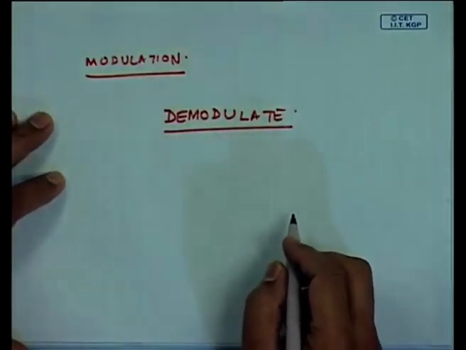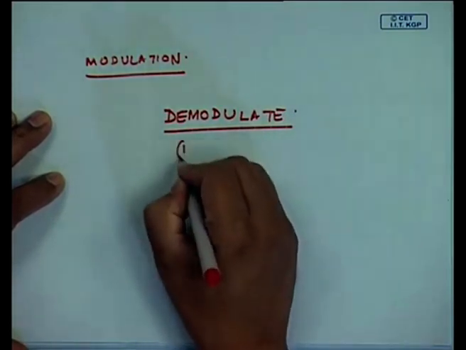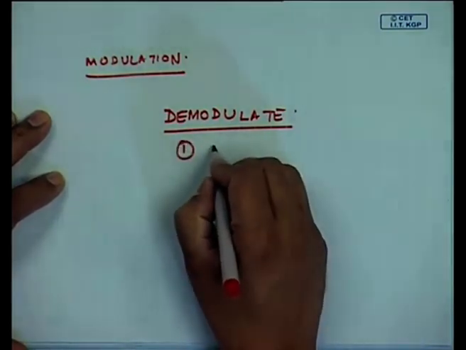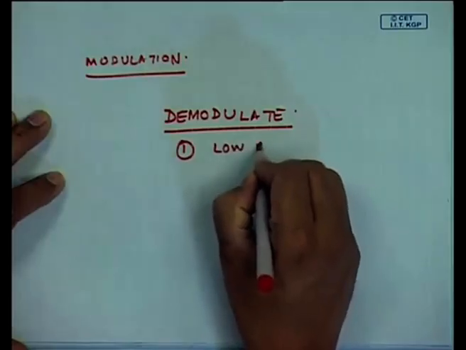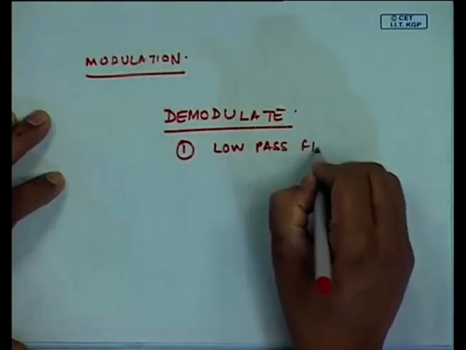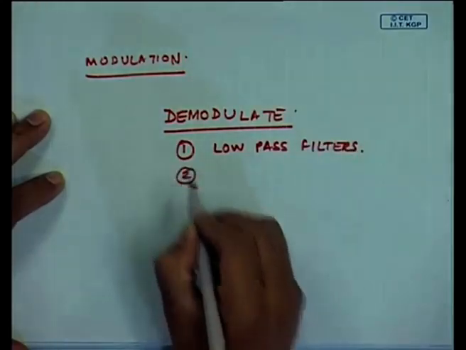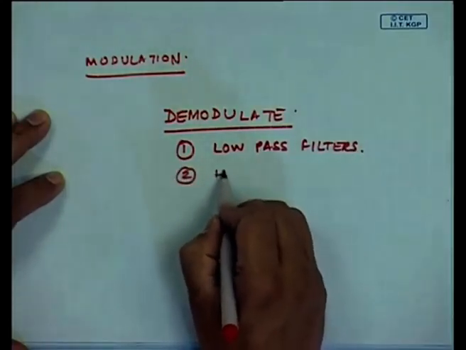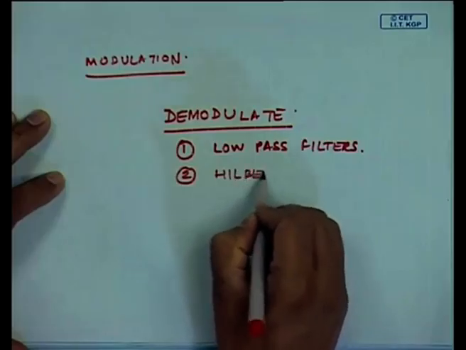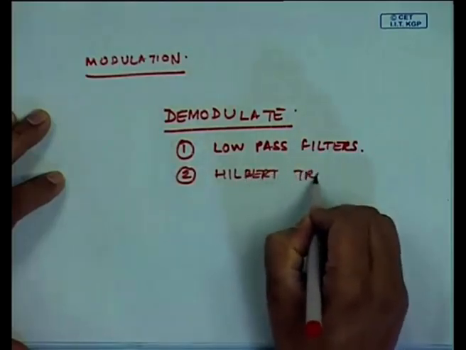So, this demodulation can be done by one, putting a set of low pass filters, and then there is another technique which we will be covering mostly today, the Hilbert transform.